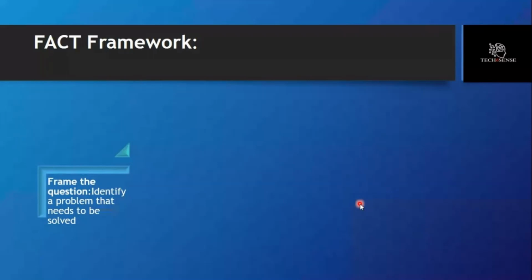At some point, you will also want to consider framing the question in a way that can be answered using a particular analysis.